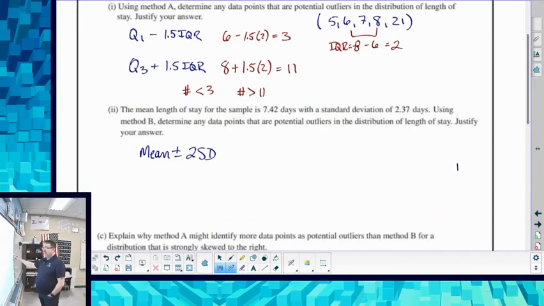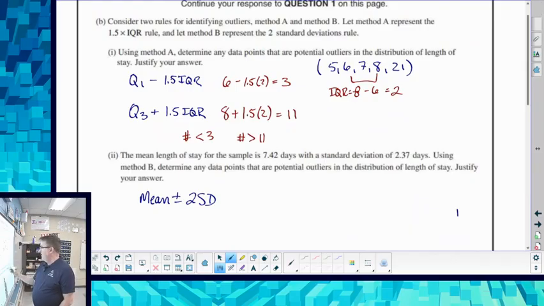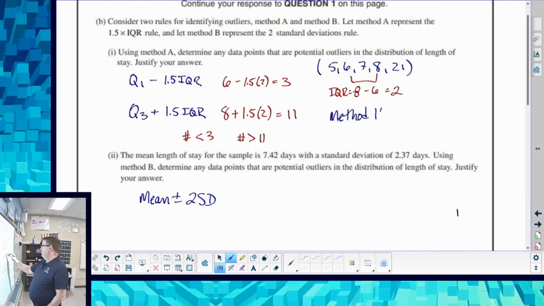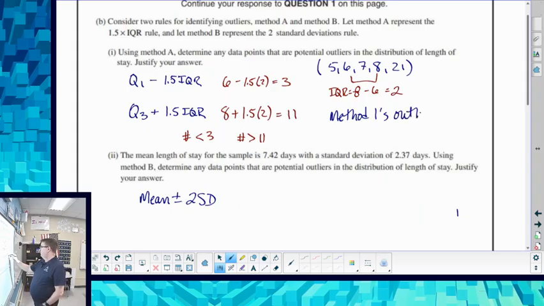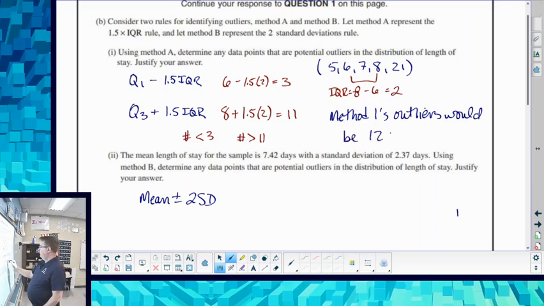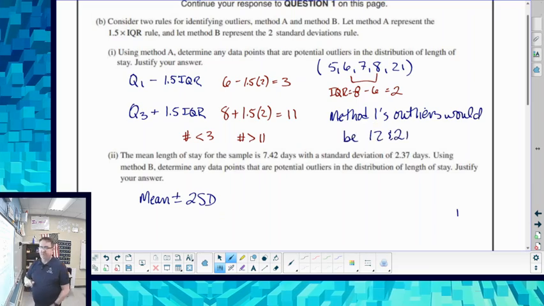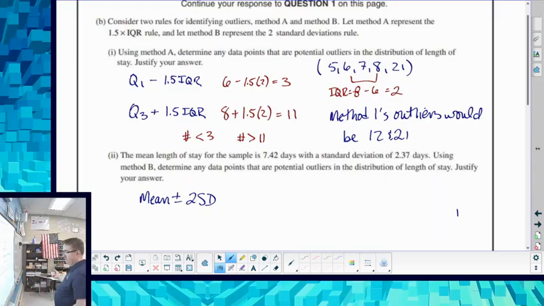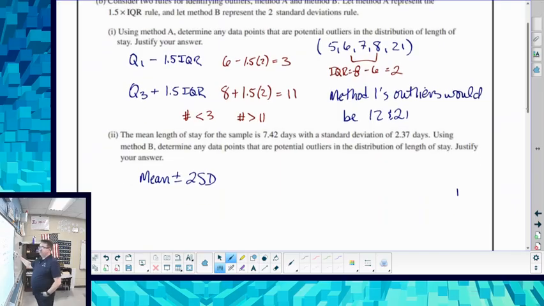So I'm going to do that. Method 1's outliers would be 12 and 21.